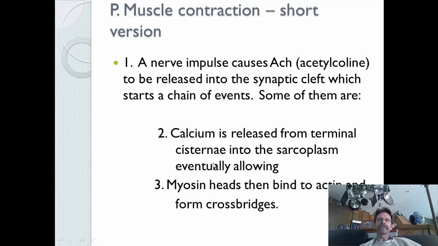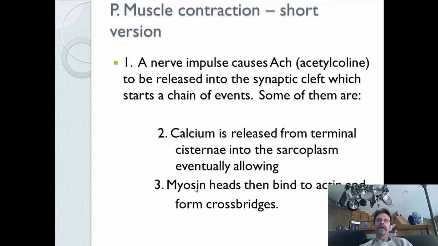And when the calcium is released, it will actually go to an actin. And on the actin, there is a receptor site for the head of the myosin. This calcium causes that receptor site on the actin to be open, to be receptive for the head of the myosin to attach there.